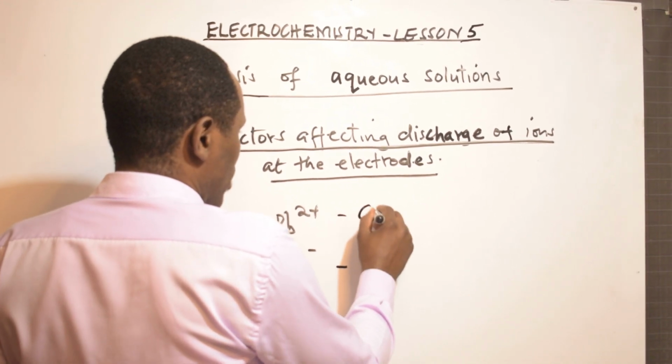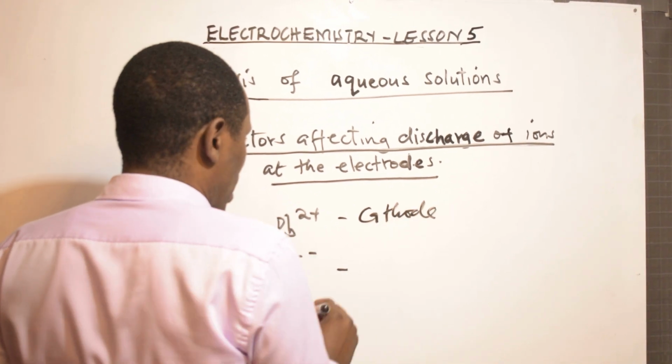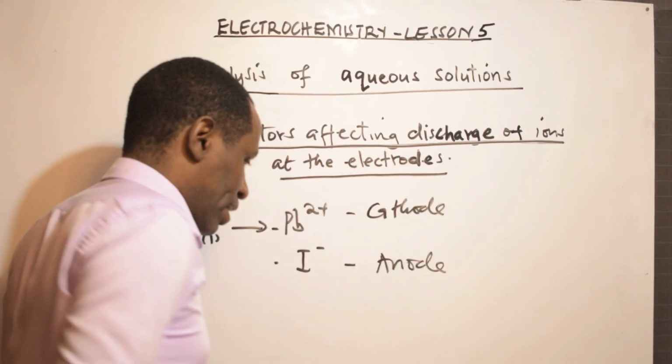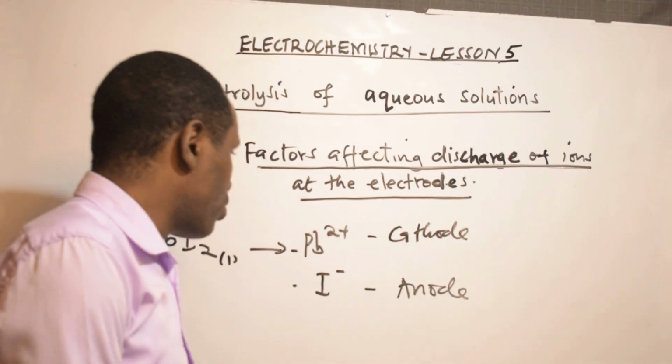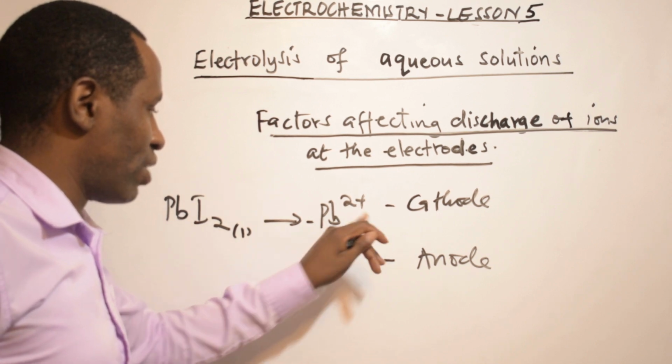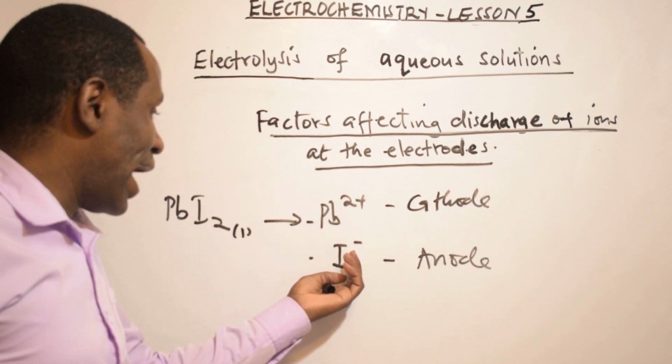The lead ions would go to the cathode, while the iodide ions would go to the anode. This is what we call a binary electrolyte: it contains one type of cation and one type of anion.